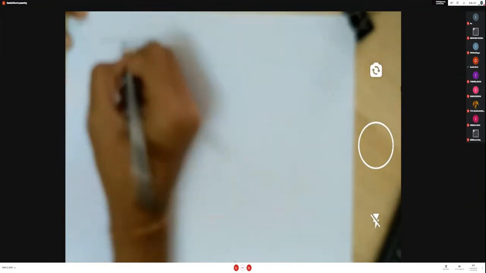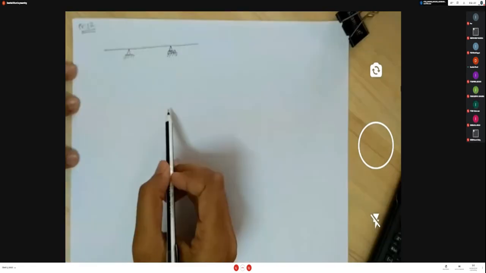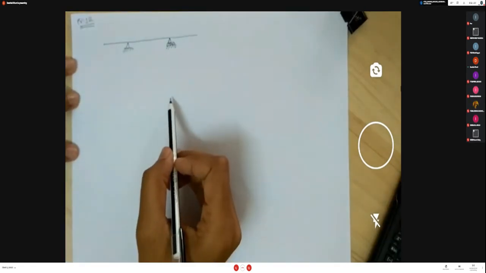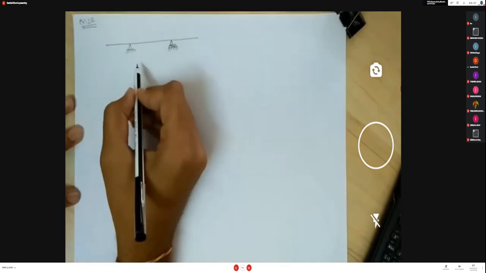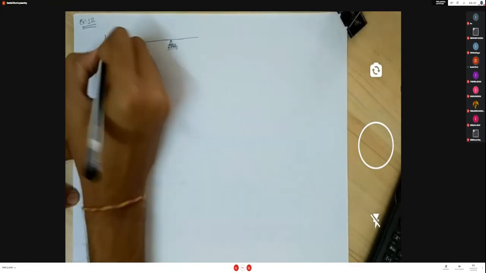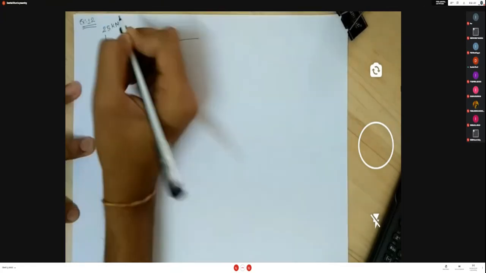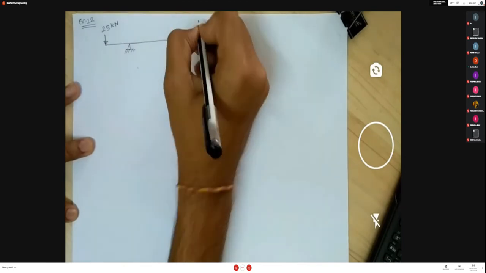One support is a hinge support, and the second one is a roller support. Here the loading is 25 kilonewton. Here also 25 kilonewton.